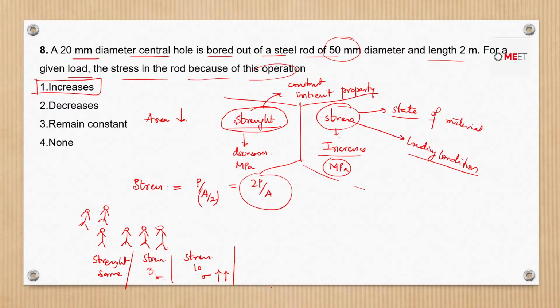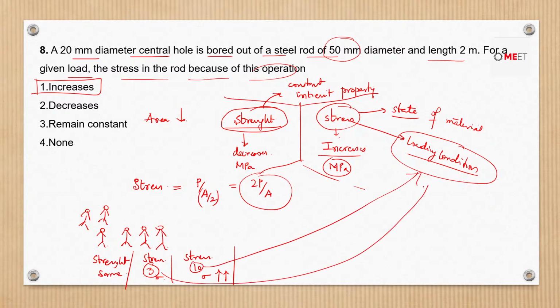So strength does not change, but stress is dependent on the loading condition, which here is fighting 3 persons or 10 persons at a time. I hope you got some clarification on the two terms, stress and strength.